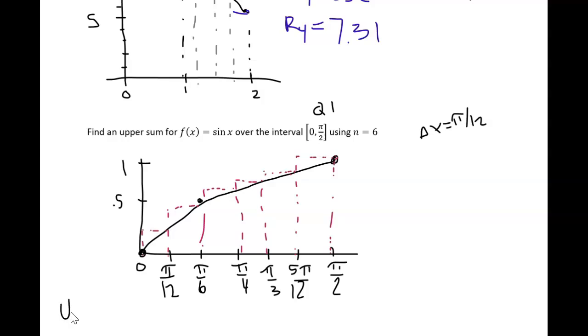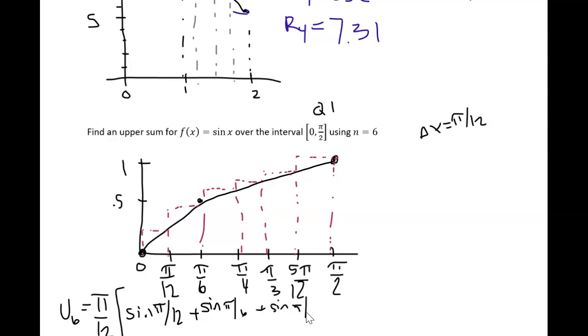So I'm going to say my upper sum with 6 subdivisions is going to be my delta x, which is pi twelfths, times each of these right-hand points. So my first one is sine pi twelfths, and then I've got plus sine pi sixths, plus sine pi fourths.